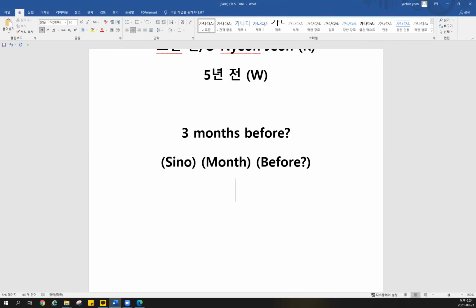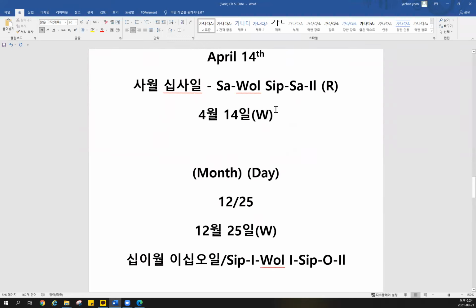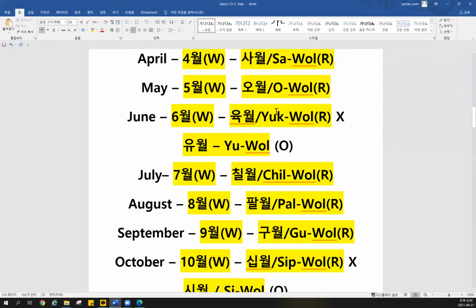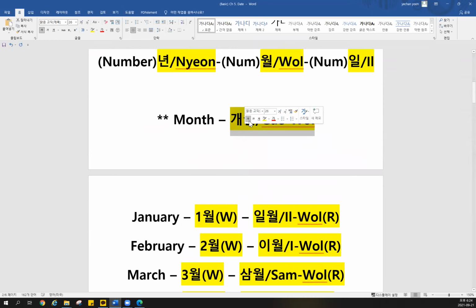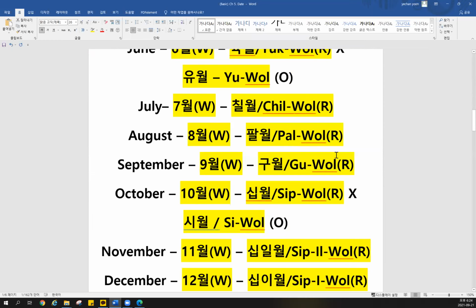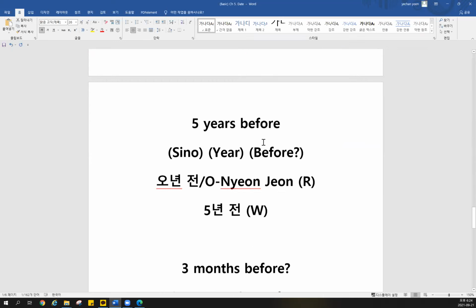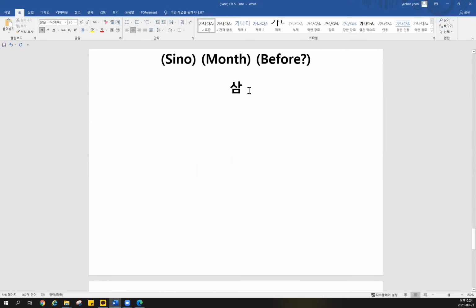What is the 3? 3 is 3. All right. And after that, the month counting word was what? 개월. So 3개월. All right, perfect, Ivan, like that. 3개월 전. Very nice.